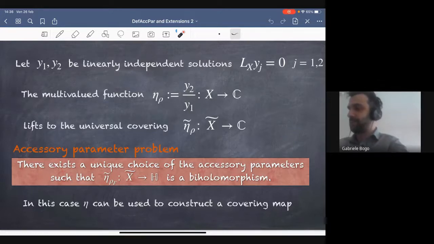Given a Riemann surface, find the value of the accessory parameters such that the functions constructed from the solutions give a biholomorphism between the universal covering and the upper plane.